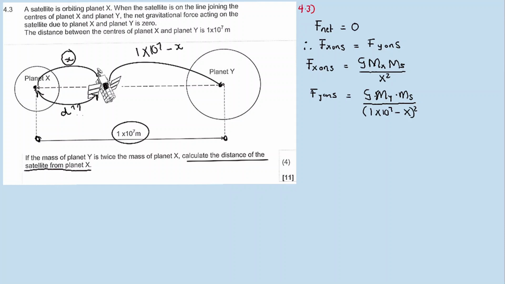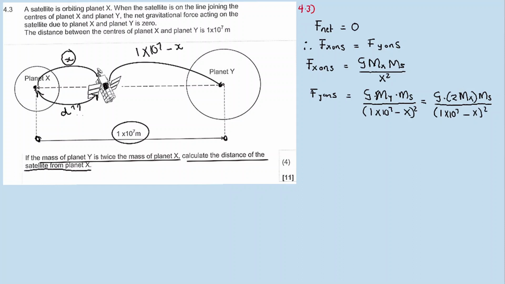And then the mass of planet Y is 2 times the mass of planet X, it's 2 times mx. Yes, let's keep it this way. As we keep it this way, it will be useful at a later stage.